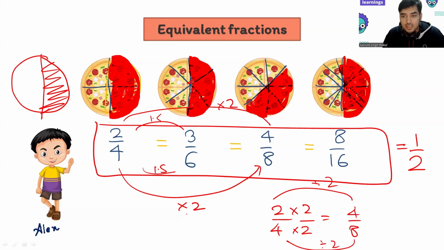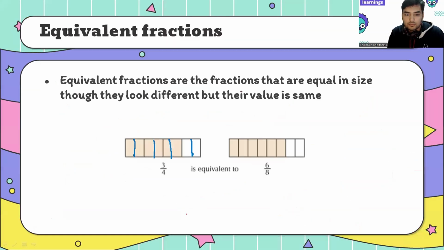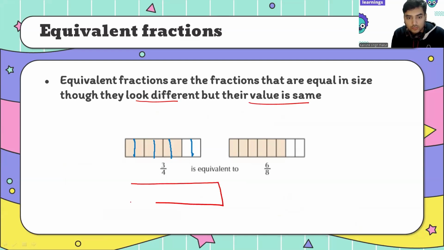They are extremely important when understanding fractions. Equivalent fractions have equal size. They look different, but they have the same value. Suppose you have 3 over 4, where you selected 3 parts out of 4.